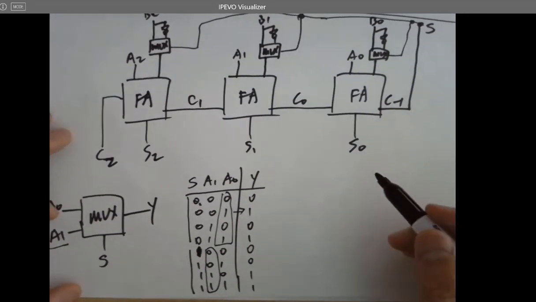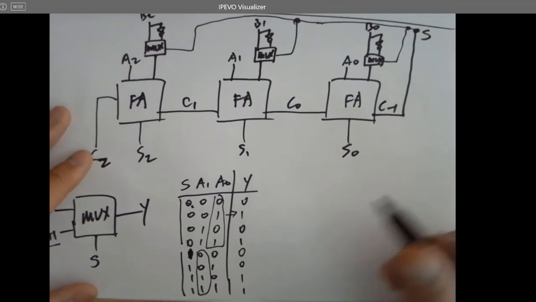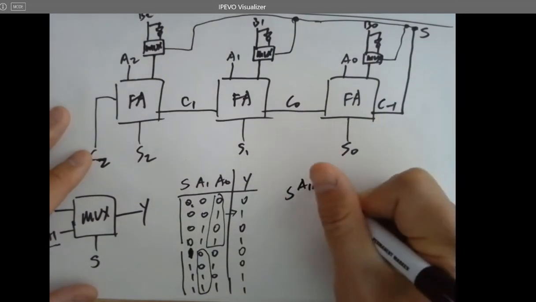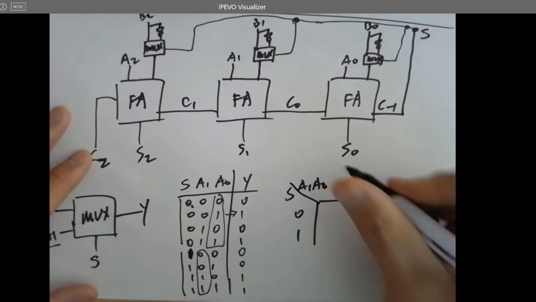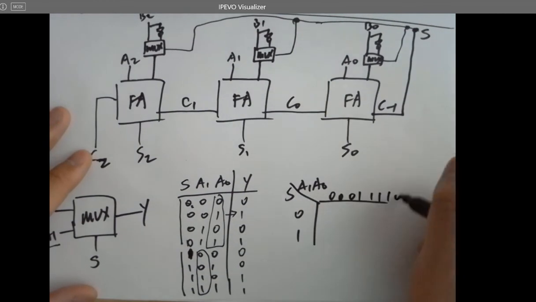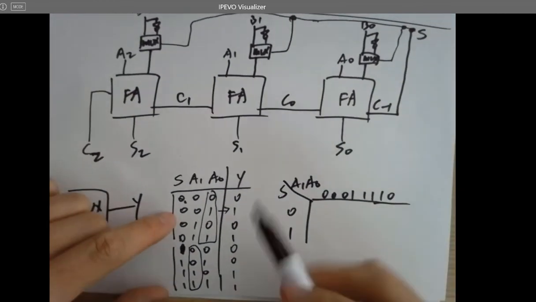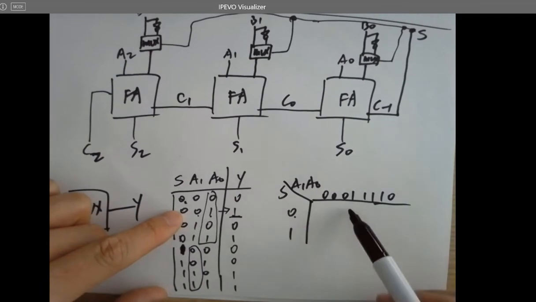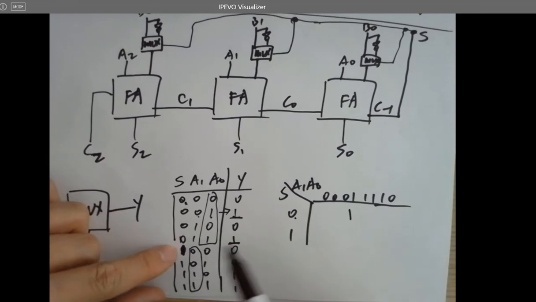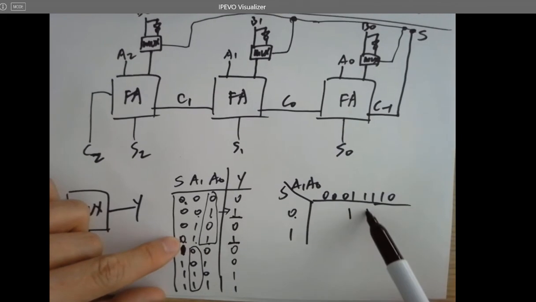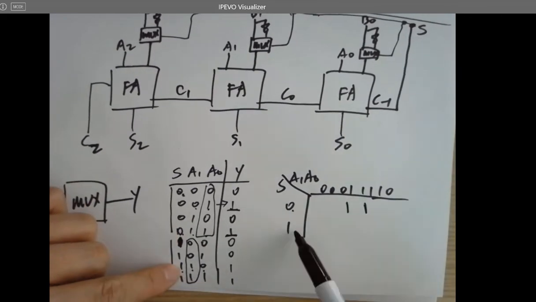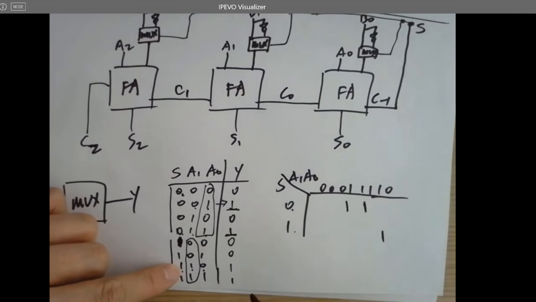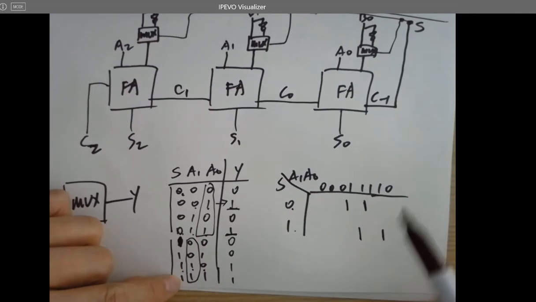If you want to design the circuit, you need to draw the K-map. S, A1, A0. Fill in the 1s and 0s from the truth table.